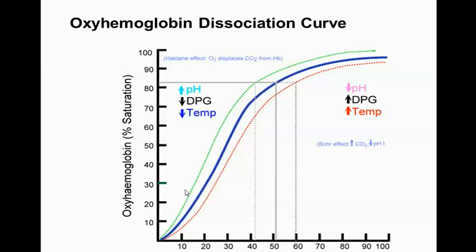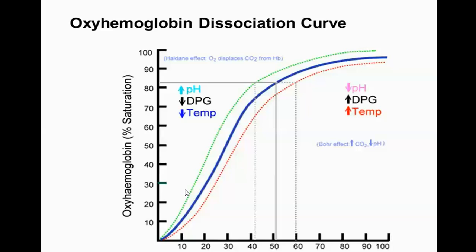Okay, shifting to the left and shifting to the right, at the lung and the tissues. At the lung, do you expect the curve to be shifted to the left or the right? To the left. At the lung, is the affinity of hemoglobin increased or decreased? The loading increased.